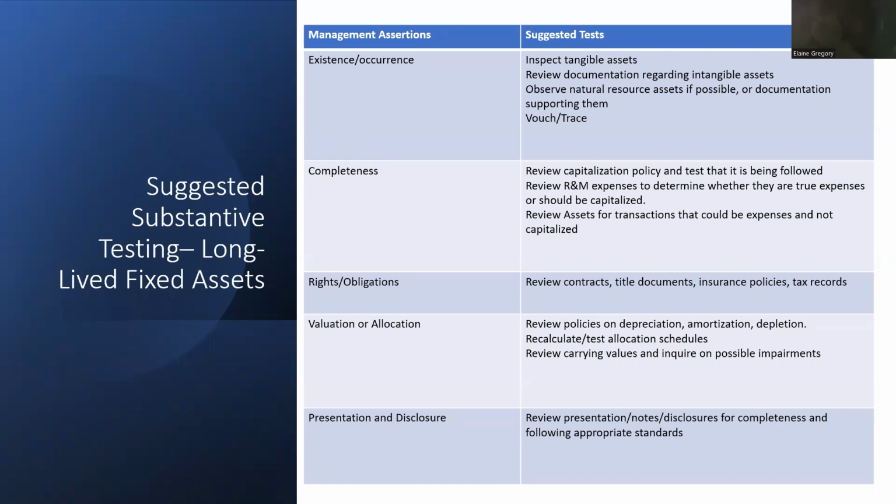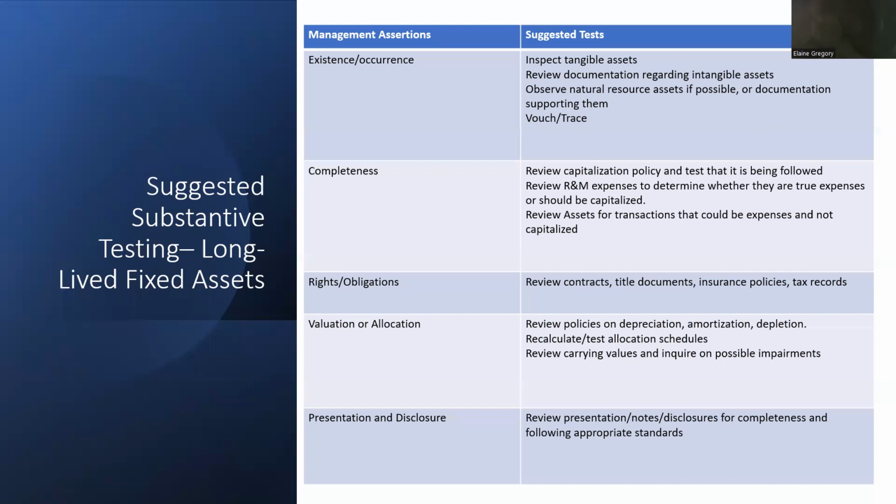Review your capitalization policies regarding when you capitalize and when you expense certain costs associated to that asset. You want to review contracts, title documents, insurance policies, tax records. If there's no insurance expense for a certain asset, it may be that that asset really doesn't exist. So compare your insurance policy and what's being covered under the policy with the schedule of assets.